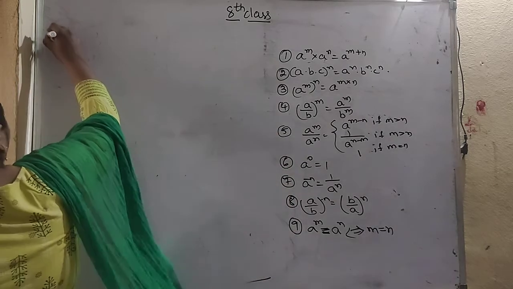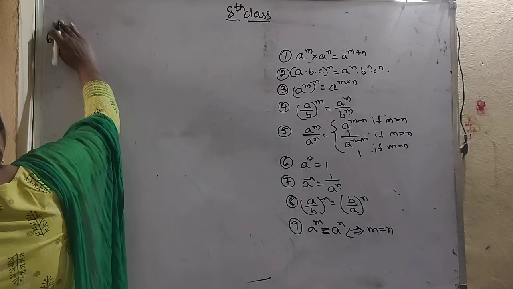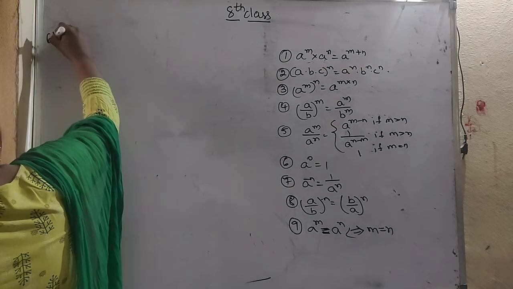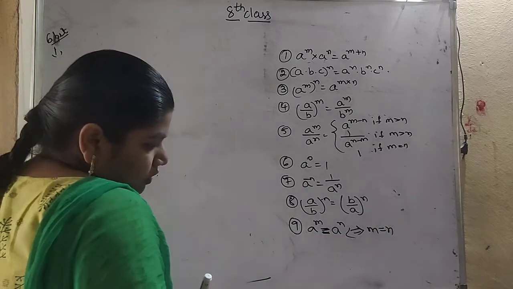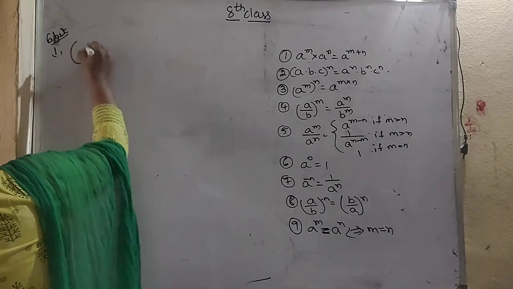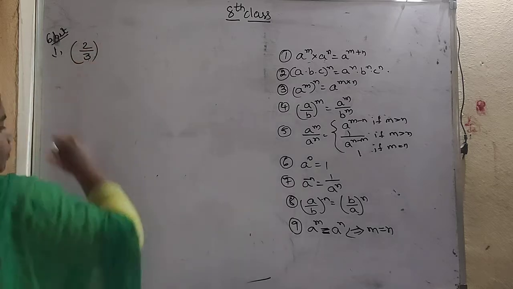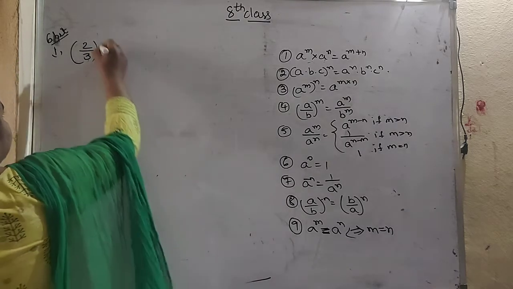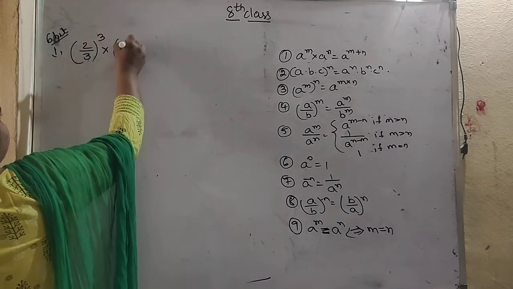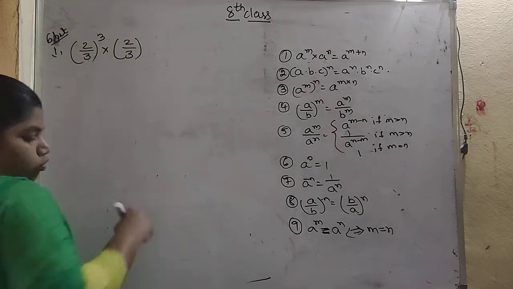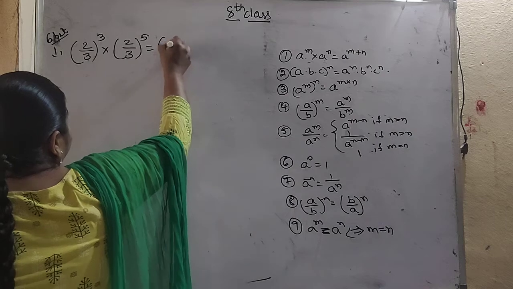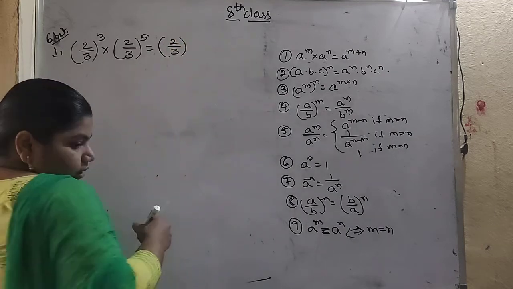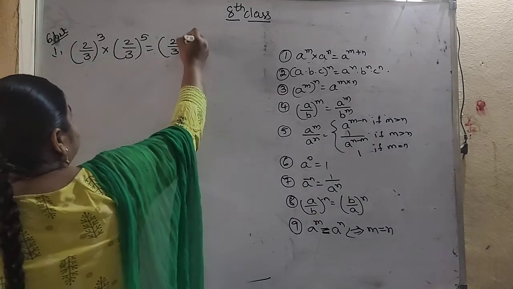So here, sixth question, sixth bit. First one: (2 by 3) whole power 3 into (2 by 3) whole power 5 is equal to (2 by 3) power n minus 2.